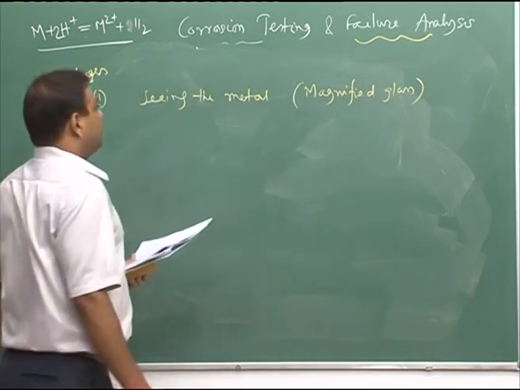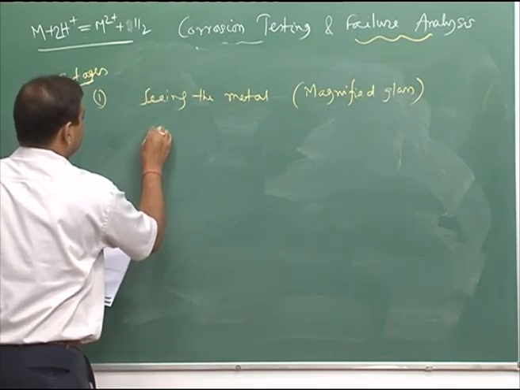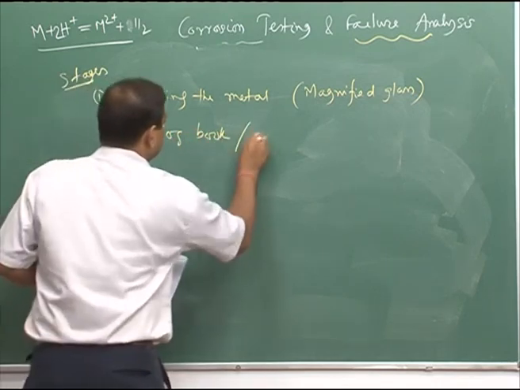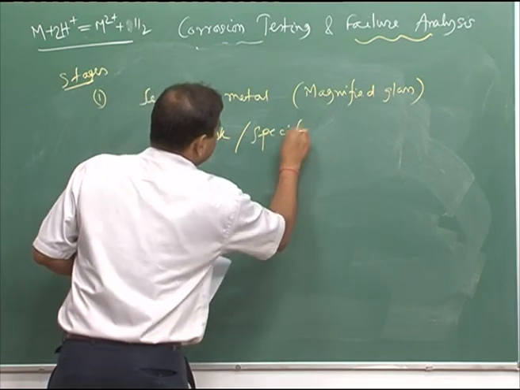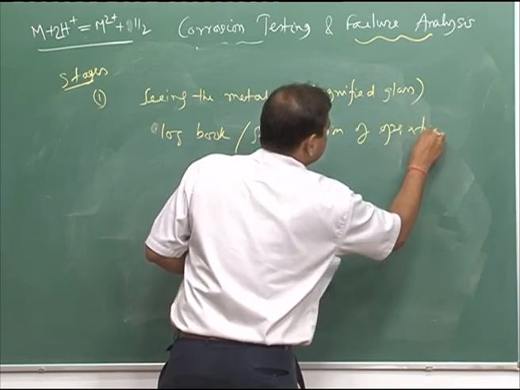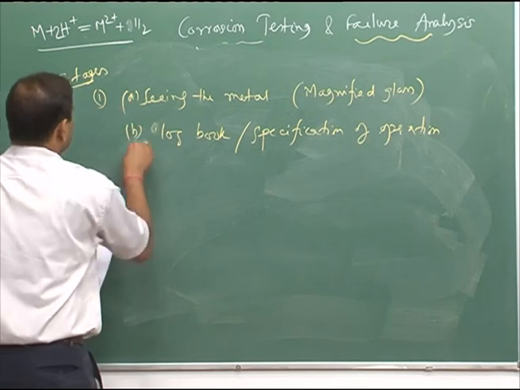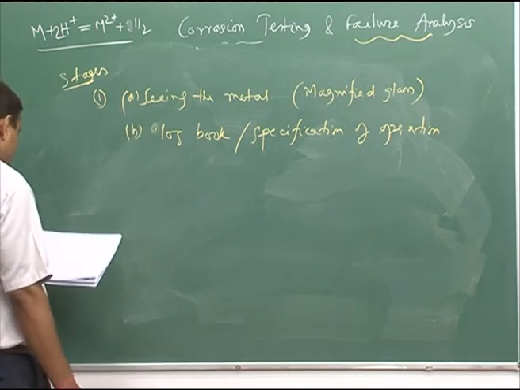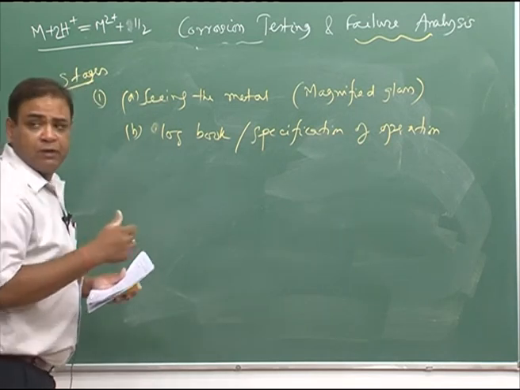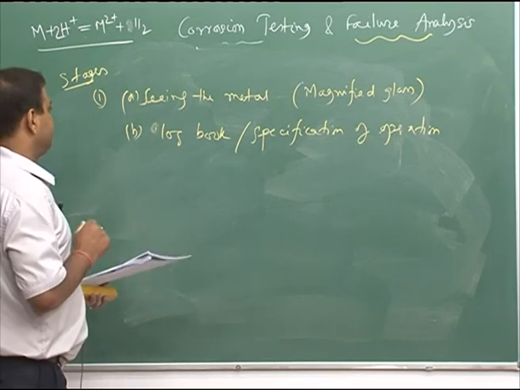can be used, and then we can get all the data: logbook information, specification of operation, and we can also observe the operation in other cases where the material is still working.